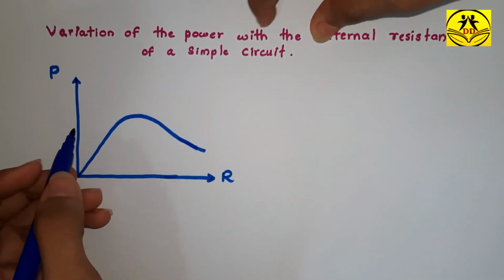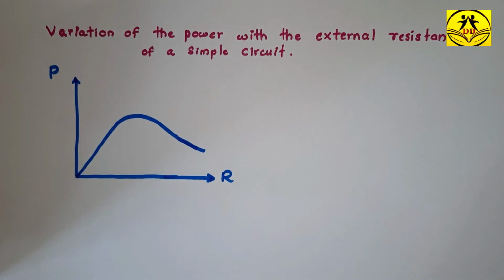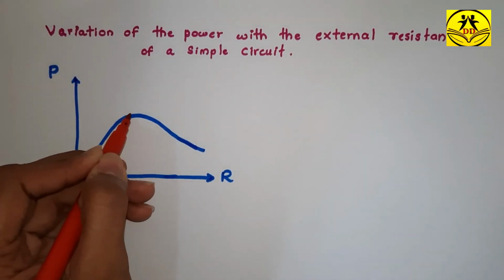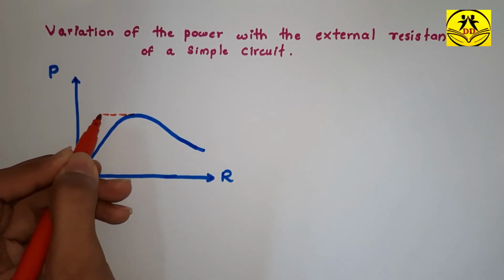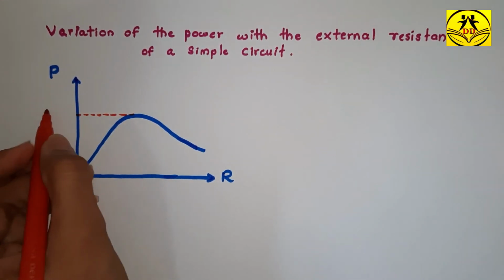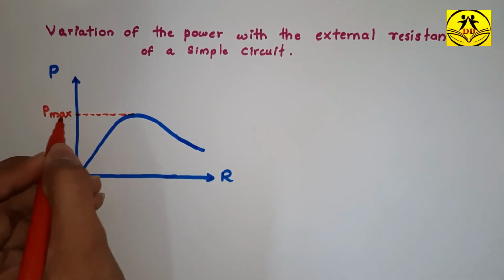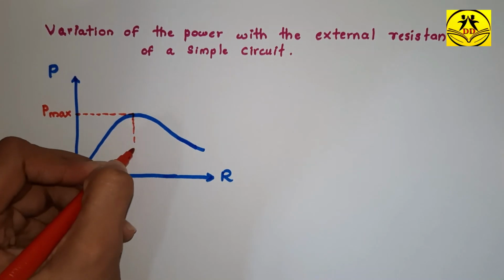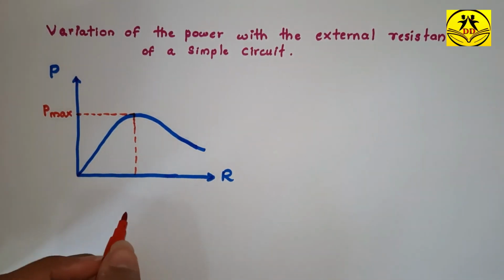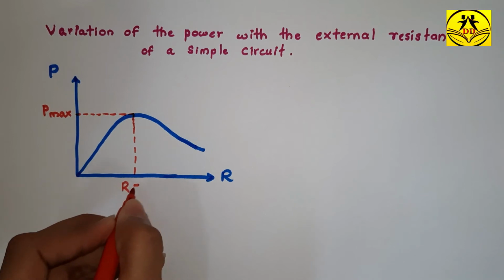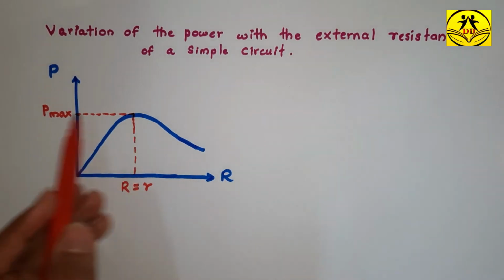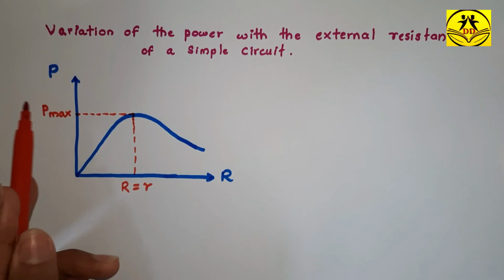Here the maximum point of the graph means the maximum power. The maximum power P max is given when the value of the external resistor is equal to the value of the internal resistor. When the external resistance is equal to the internal resistance, the maximum power is obtained.